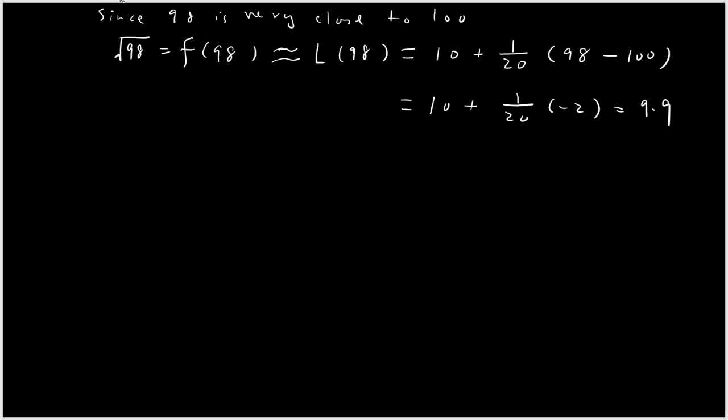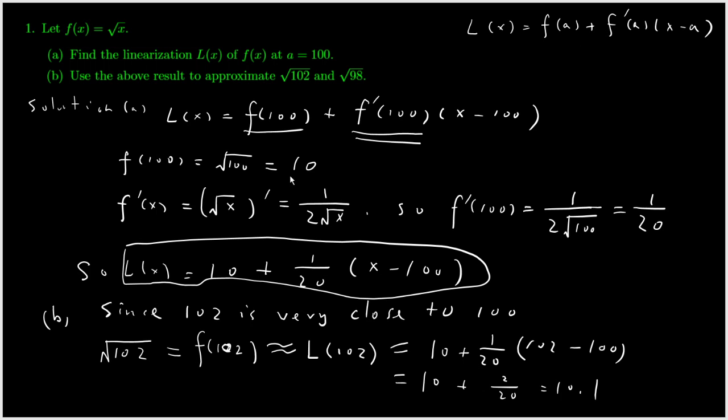Any questions about this? In any case, for all the questions in step A, you'll find the linearization of the function at a number using the formula. Copy the formula first.